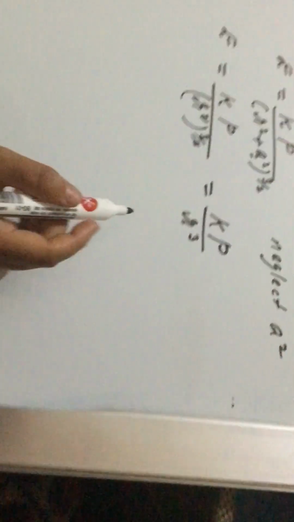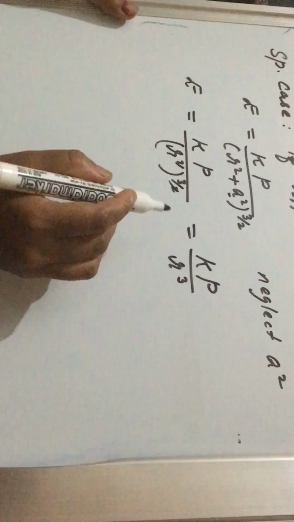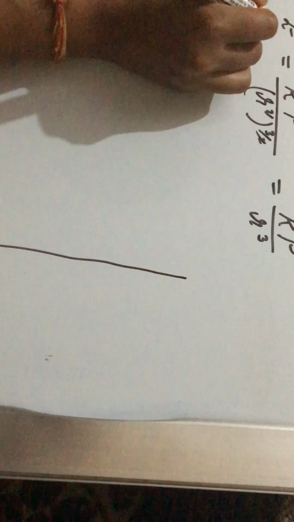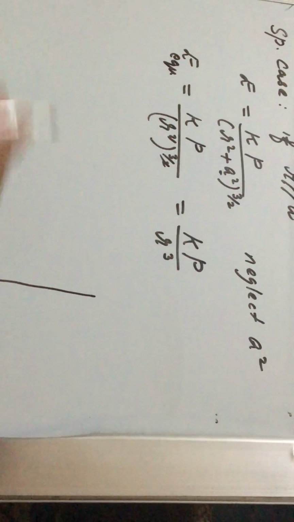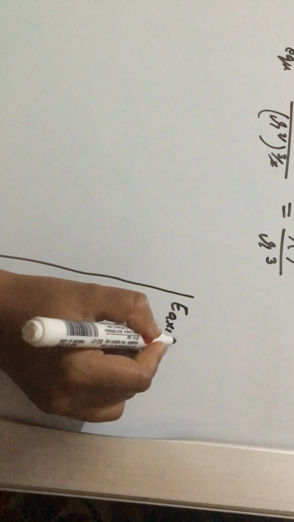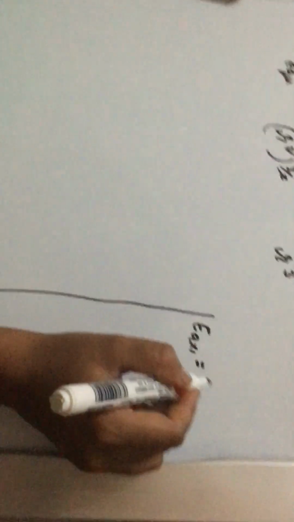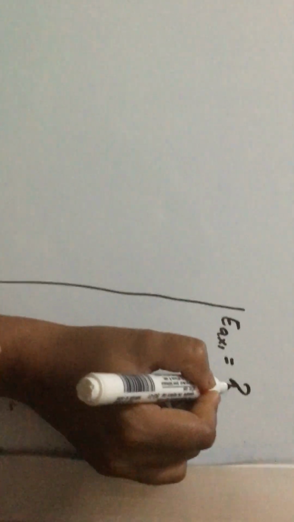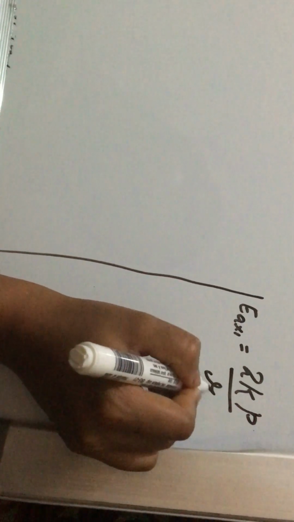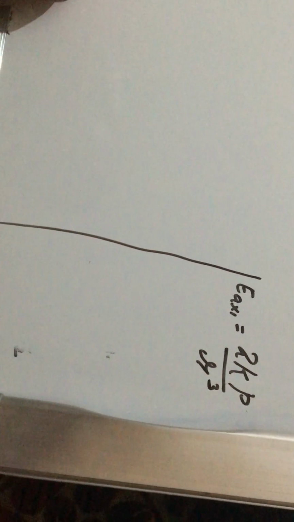Now do you remember for the axial line what it was? Let me write it as E axial. For the axial line, if you remember, it was 2k p by r cube, right?